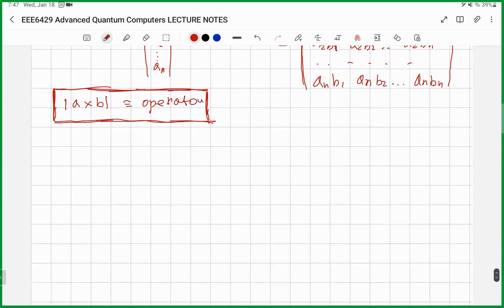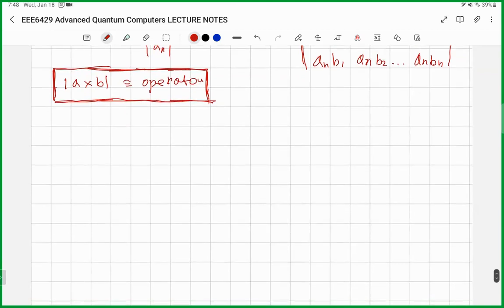As I said, any quantity in quantum mechanics is described by operators, and this outer product of ket and bra gives me an operator. And let's check that, right? Let's take an arbitrary vector x, for example.